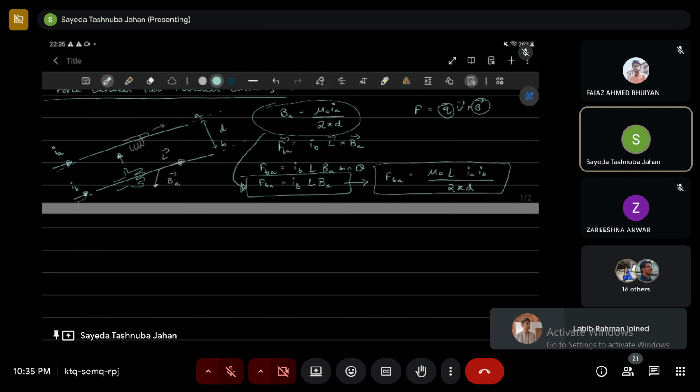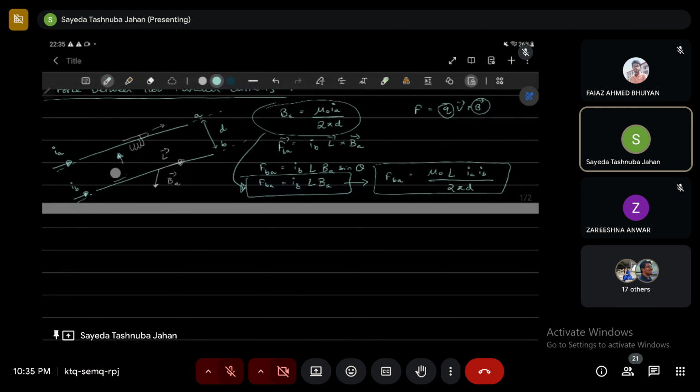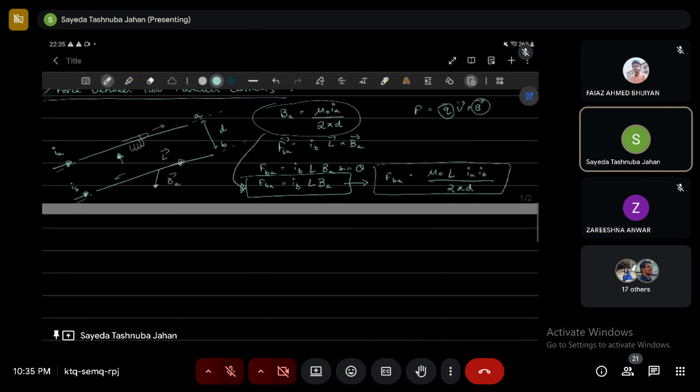Okay, now the interesting part is that if I reverse the current direction of IB, in that case you will see what your right hand rule will look like, it will be something like this. So this is your hand, this is your thumb, right? You place your right hand like this. So if I reversed it, if the current direction were now in this direction, then using my right hand you will see that the force in that case would have been in the opposite direction.